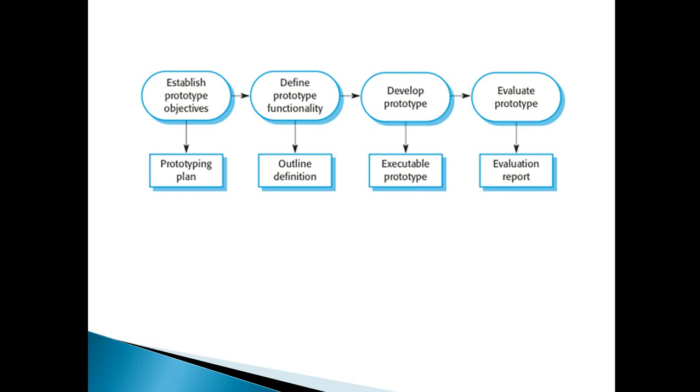See the diagram. The first one is establish prototype objectives. During this phase, the data are gathered from the developer and the user. The second one, the functionality. Define the prototype functionality. It does not care about the data.